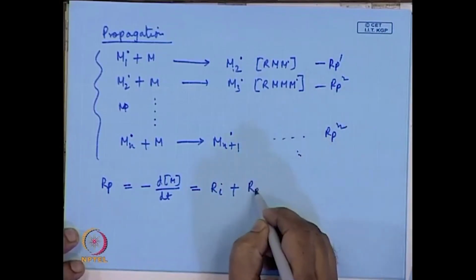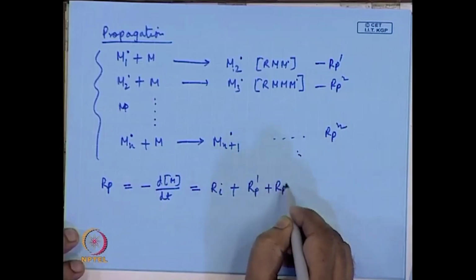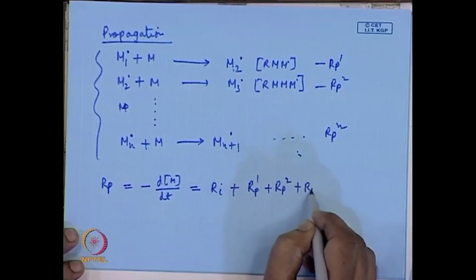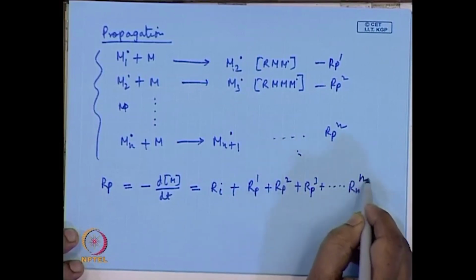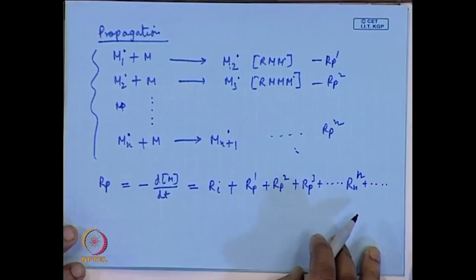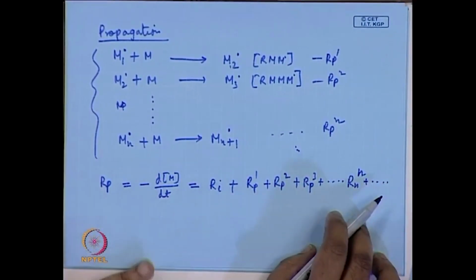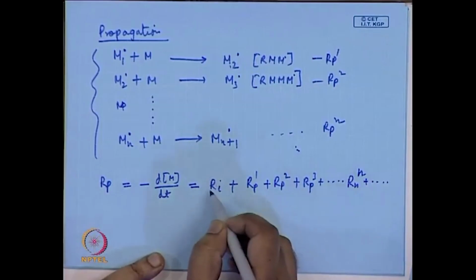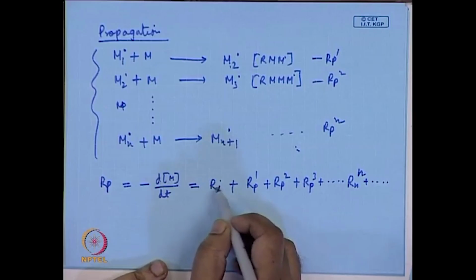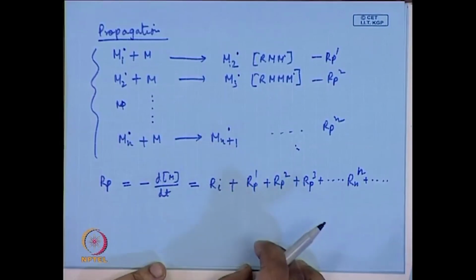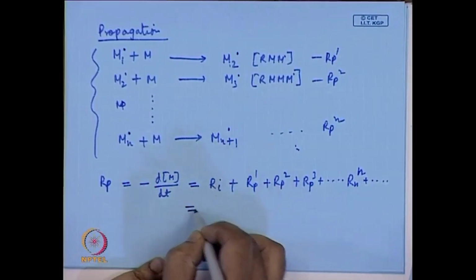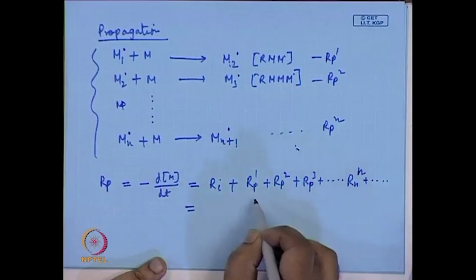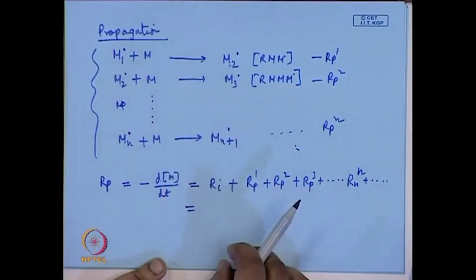So, Rp1 plus Rp2 plus Rp3 plus Rpn plus so on. Because a very small amount of monomer gets consumed in the initiation reaction, we can ignore this and write Rp as a sum of all these propagating steps.